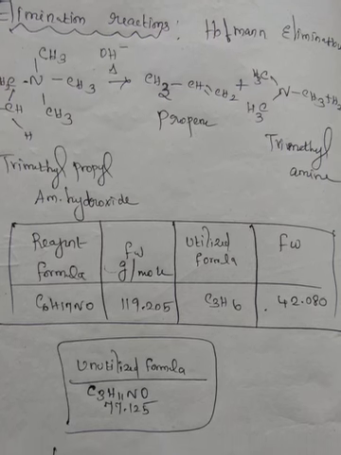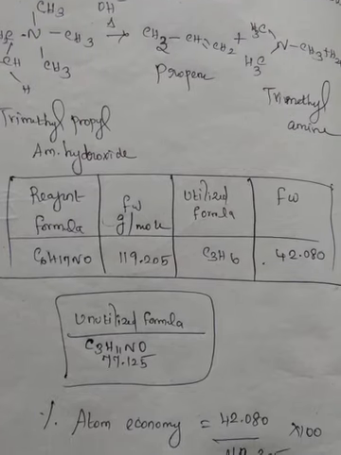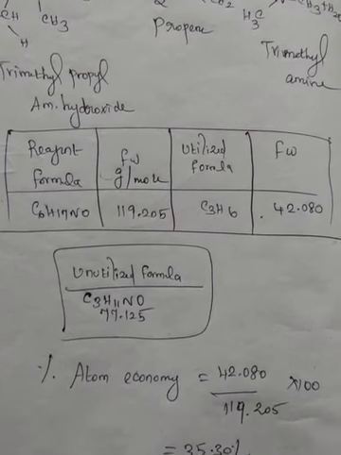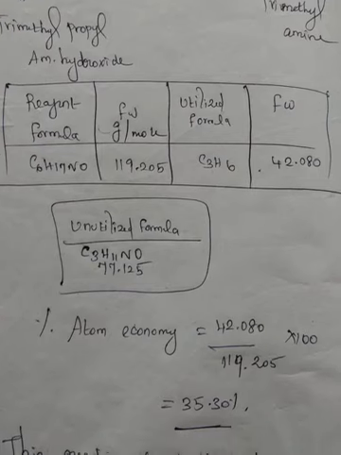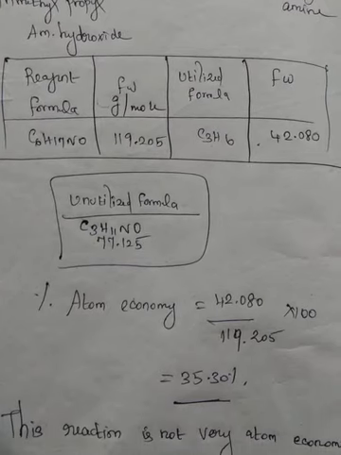The utilized formula, that is the product, propene, has formula C3H6, and the molecular weight of propene is 42.080. The unutilized formula, that is the byproduct formula, is C3H11NO. So we calculate percentage atom economy, which is equal to 42.080 divided by 119.205 times 100, which is equal to 35.30%. So this reaction is not very atom economical.